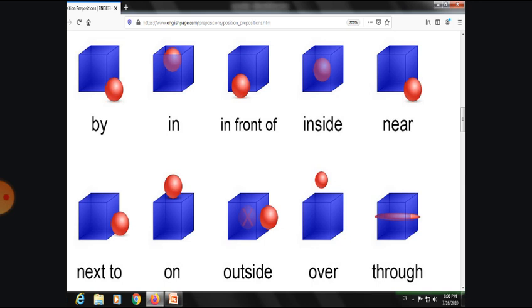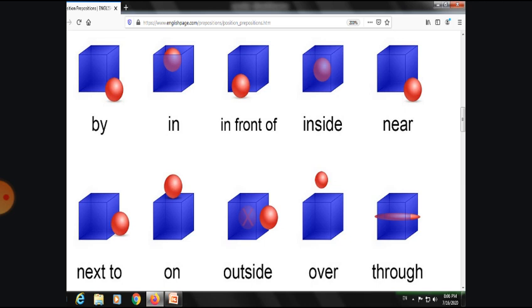So dear student, even many more prepositions are here. Even though over as a preposition is not given in your book, let's try to understand about through. Through as a preposition can be used whenever one thing is going through other thing.